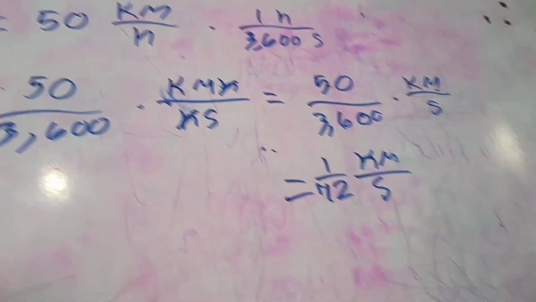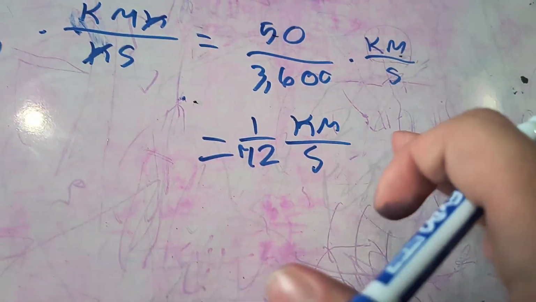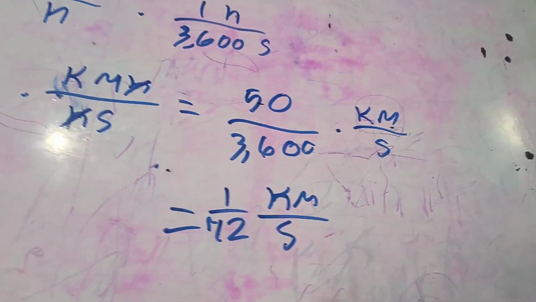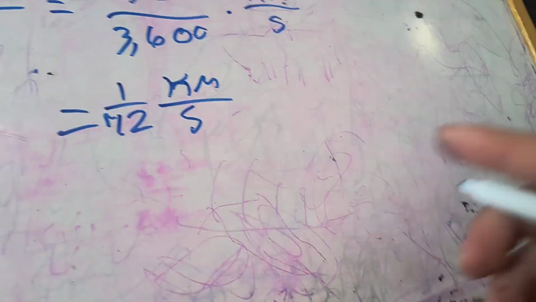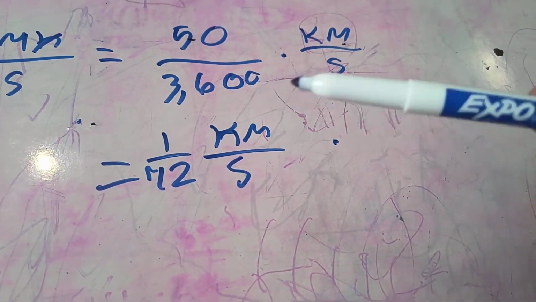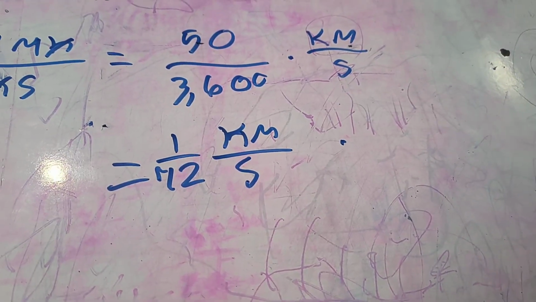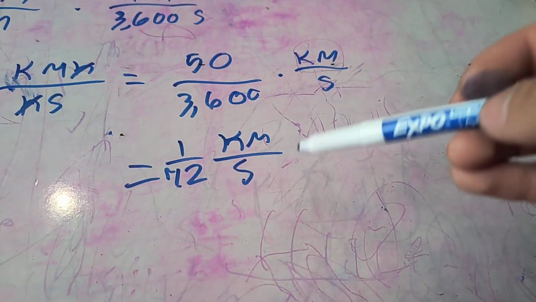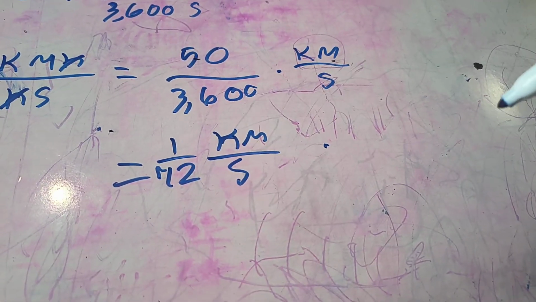But let's say we wanted to convert it into meters per second instead of kilometers per second. What we'd have to do is multiply this again by something that would cancel out the kilometers and replace it with the meters, which means we would have to have kilometers at the bottom.